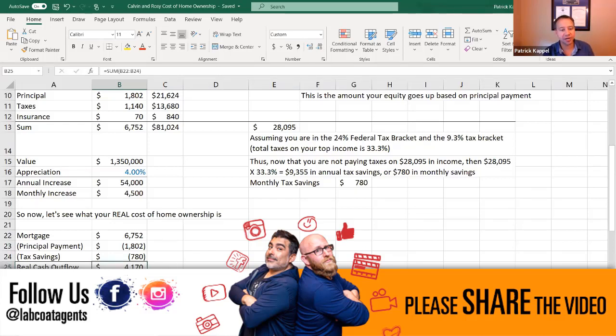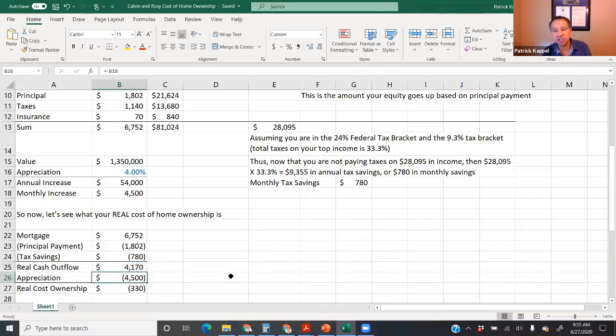So their real cost of $4,170 minus the appreciation that they're seeing in the house every year gives us a negative $330 a month. What does that mean if it's negative? That means they're getting paid to live in their house. They're living there for free and they're making $330 a month.